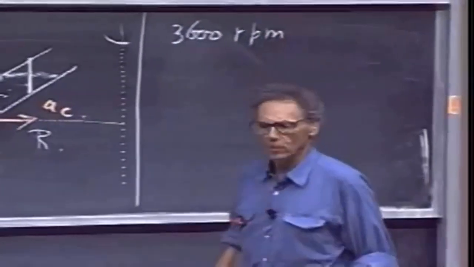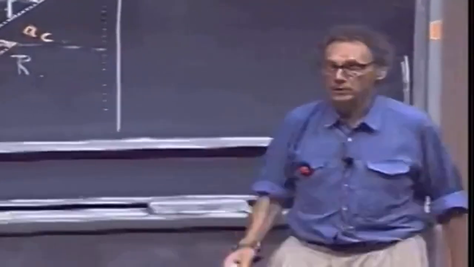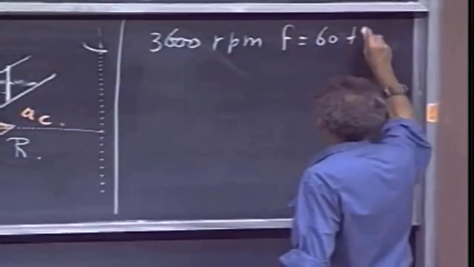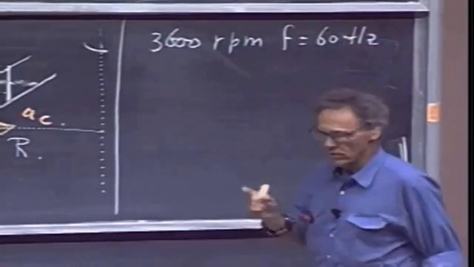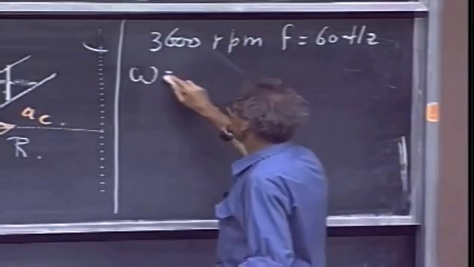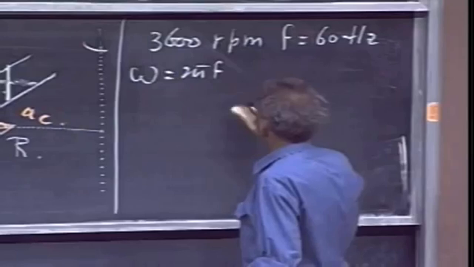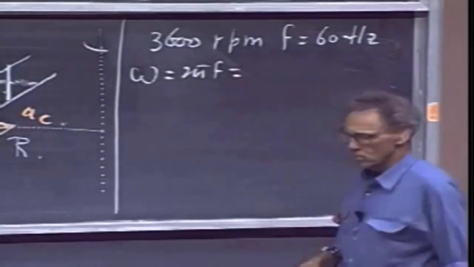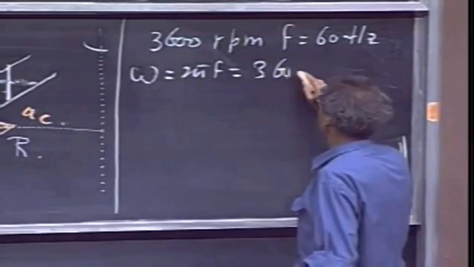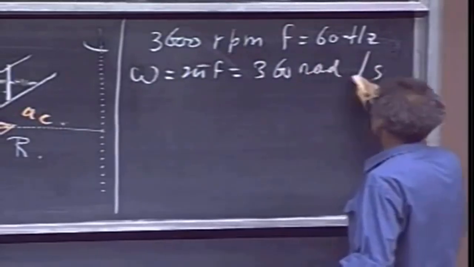So 3600 RPM translates into a frequency of 60 Hertz. So it goes around once in 1/60th of a second. Omega is 2 pi times f, therefore roughly 360 radians per second.